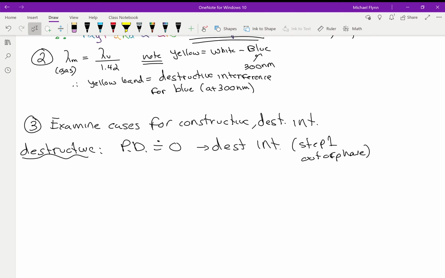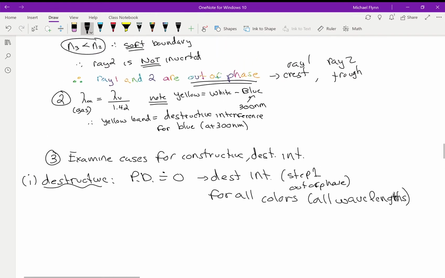That's going to be true, by the way, destructive interference for all wavelengths, for all colors. All wavelengths, for you physicists out there. Wavelengths equals color.